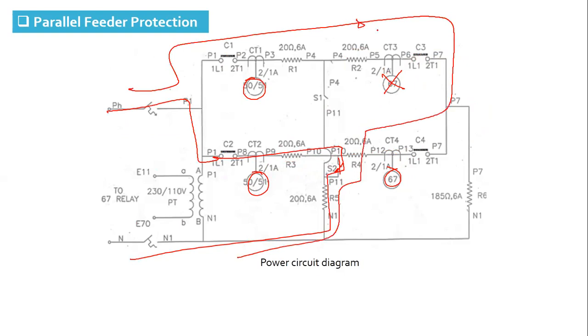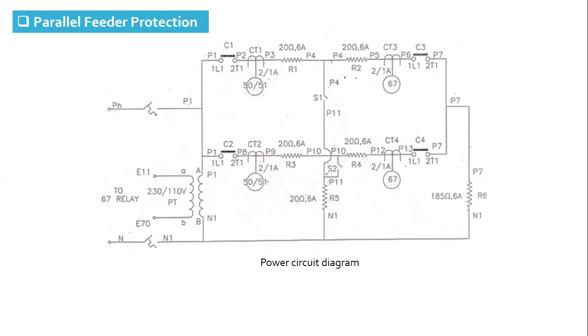So it is not in the operating direction for this relay. And these relays at both the ends will trip the breaker here. Fine. And in case this directional relay fails to trip here, this relay will provide the backup and will trip the breaker. This is what we have to take as primary protection.